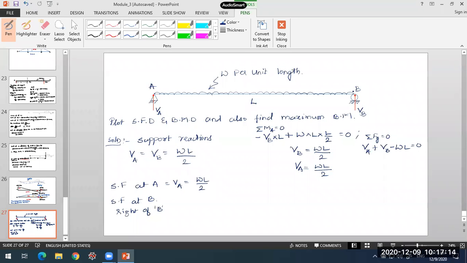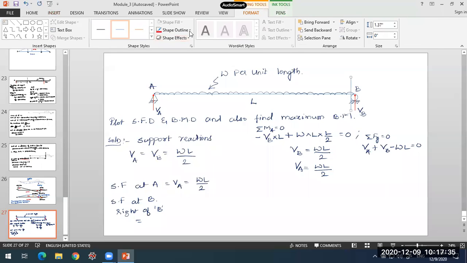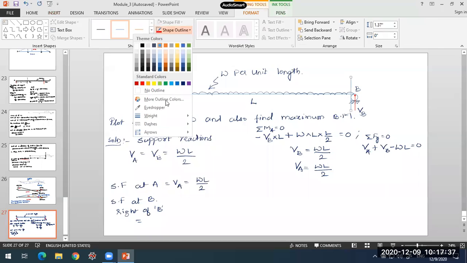Just before I cross this reaction, what is the shear force here? What are the total forces on the left side of my section? I have taken the section over here.